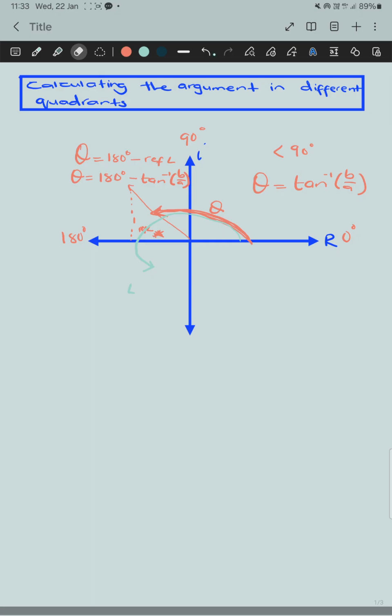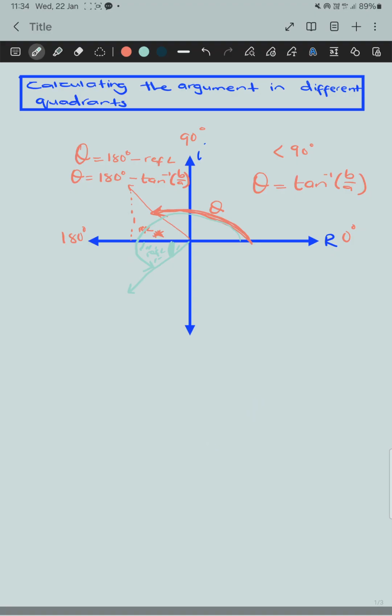I don't want just this piece, which I will refer to as my ref angle again. I hope the color you can see. This will be my ref angle. So it's this angle, this one. I don't just want this angle. I want from 0 going to the arm.